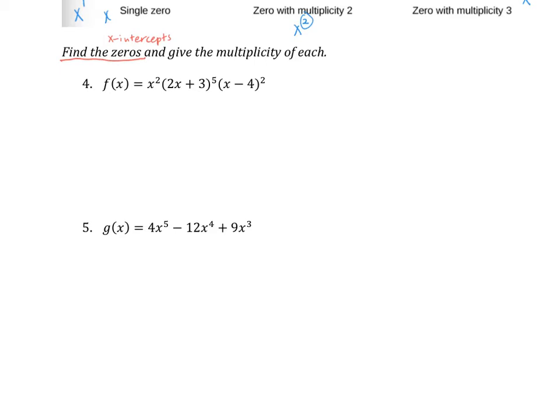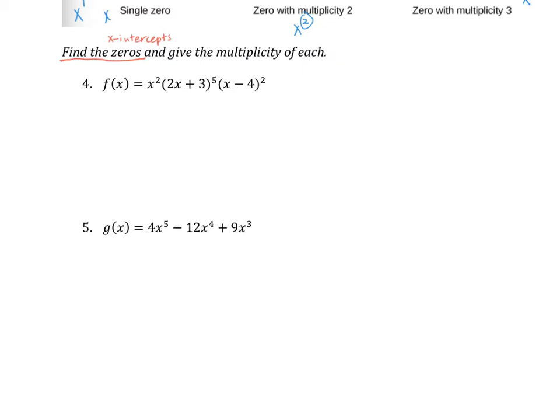The zeros, however, just refer to the value that you get for the x, okay? Because you know that the y is 0. So when it says find the zeros, you just have to give the x value. If it says find the x-intercepts, you're going to give it in an ordered pair form. But you're doing the same thing to find the answers.